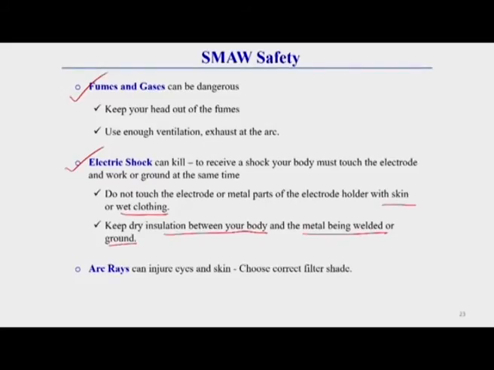This is generated due to the arc or a spark between the electrode and workpiece. This arc ray can injure your eye and skin. So for that reason, always keep it in mind. You should wear the correct filter shade of goggles during this welding operation, otherwise your eye can be damaged. So these are the different general safety precautions of this welding operation.